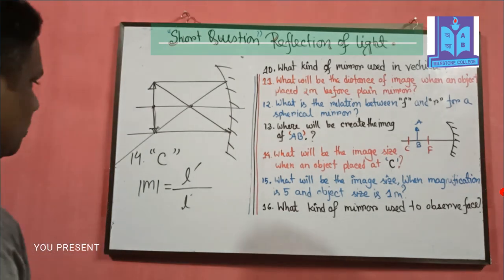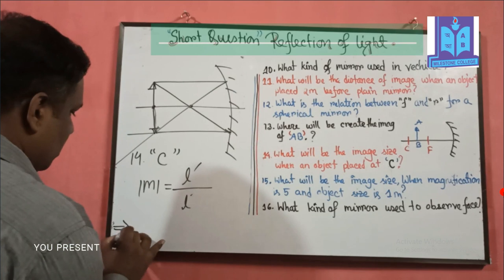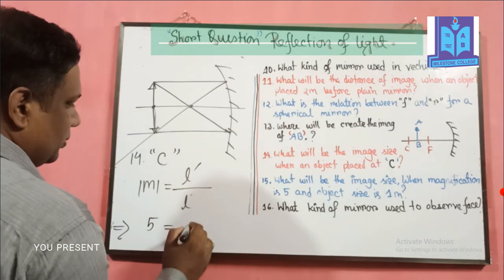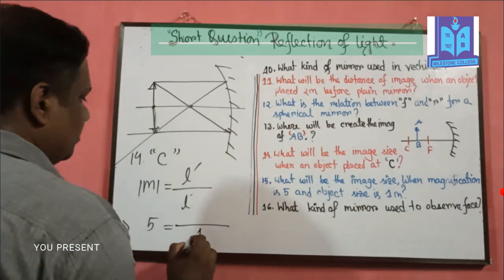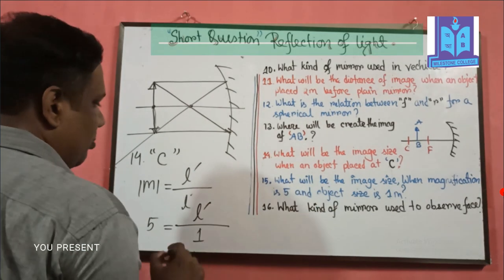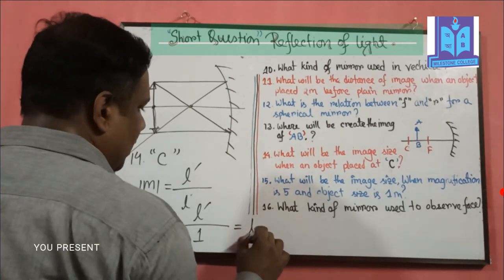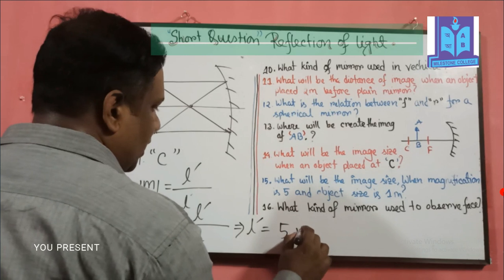Then we have to put the value 5 for magnification, object size 1, then image size L prime, then the answer will be L prime is equal to 5 meter.